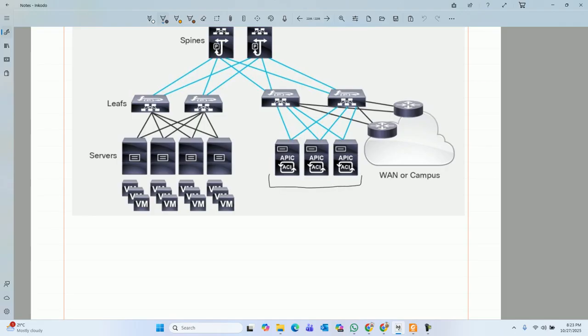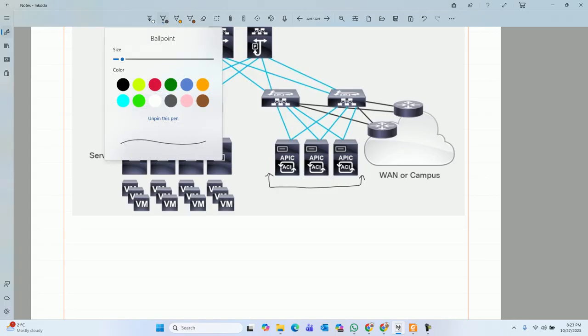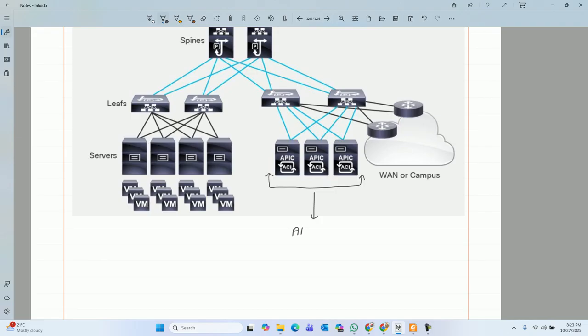Then you notice that in our topology we have just one APIC, but this is known as an APIC cluster. For a production environment, it is always recommended to deploy a cluster of APICs, and the minimum requirement is 3.